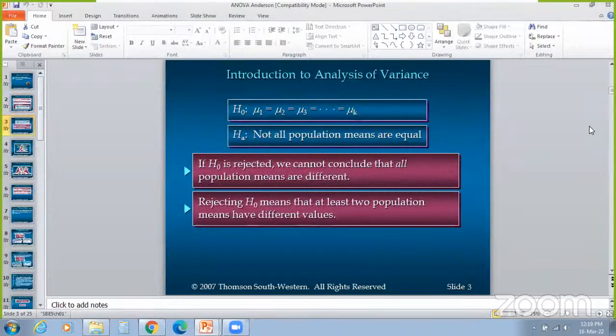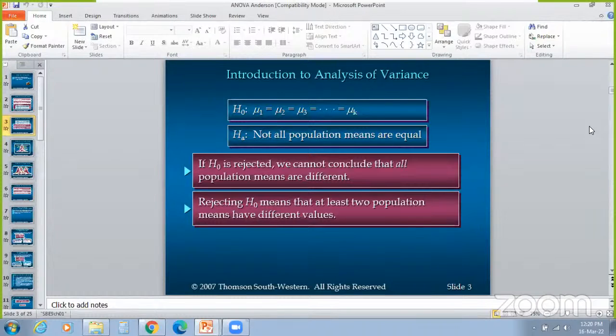The same is of course given here, and if the null hypothesis is rejected, we cannot conclude that all population means are different. The null hypothesis rejection means that at least two population mean values are different. Because you may have 5 populations, the mean values of 3 of the populations might be the same, but the other 2 might be different.